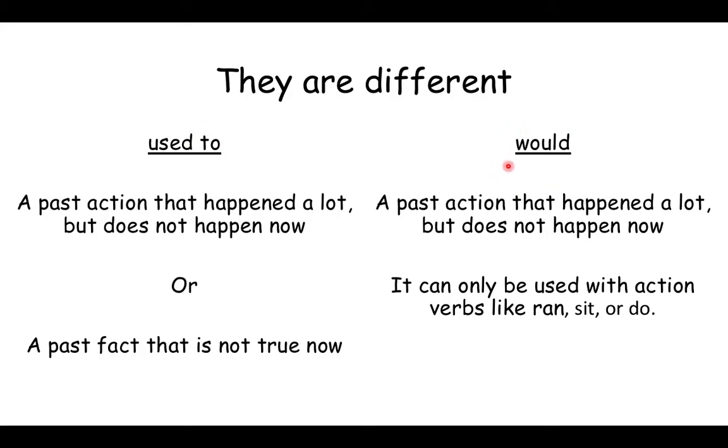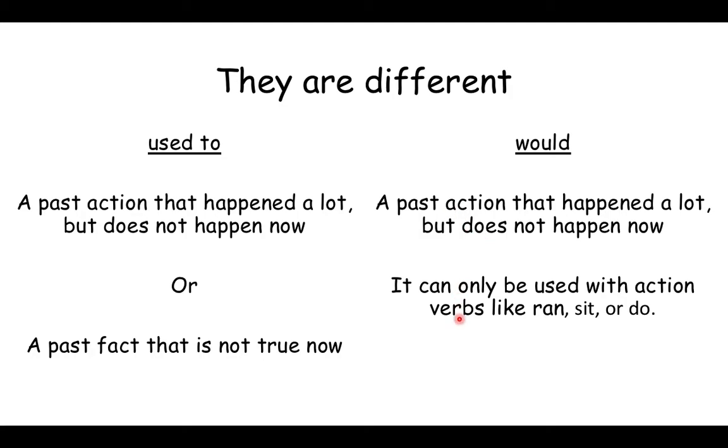"Would" is a little bit different, but also the same. We use it to talk about a past action that happened a lot, but does not happen now. So these two, "used to" and "would," are used the same way when you talk about this.